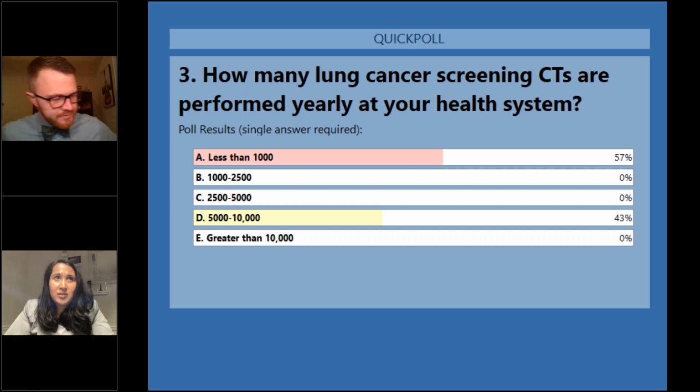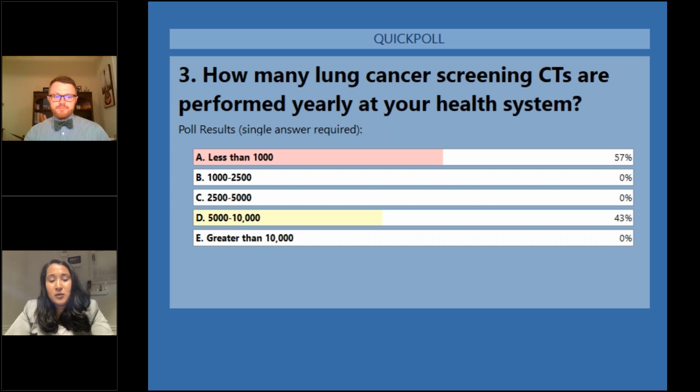They're responsible for reviewing the results and placing those follow-up orders. If there are cases they're concerned about, lung RADS 4A or higher, they'll send it to a physician to review.